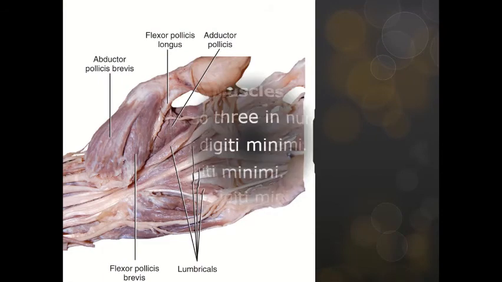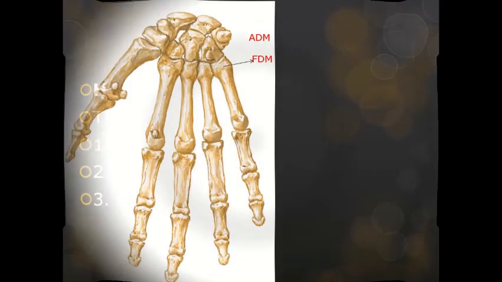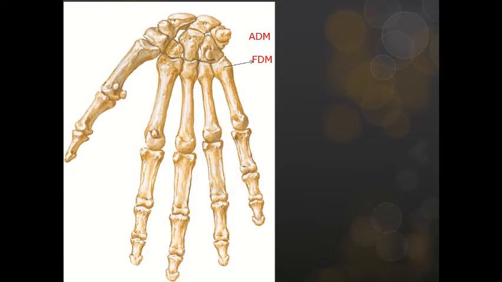Then moving to the hypothenar muscles, which are present proximal to the little finger. One is abductor digiti minimi, flexor digiti minimi, and opponens digiti minimi. Here you can see these three hypothenar muscles.